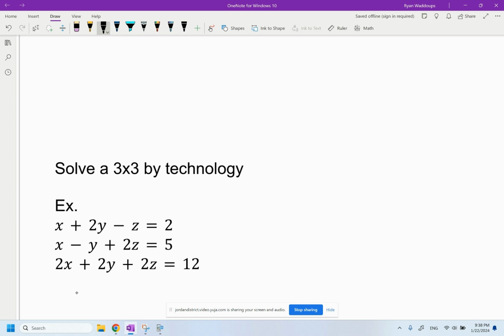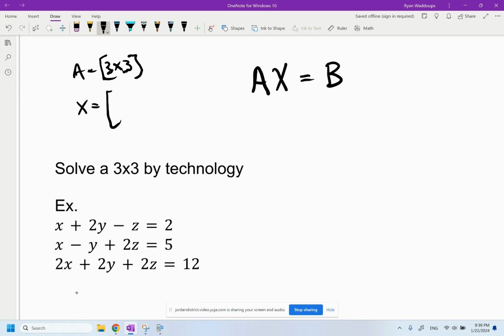We're going to use capital A times capital X equals capital B to represent different matrices. So in this case, A is a 3 by 3 matrix. And then X is just the matrix that represents the x, y, and z variables. And then B is a 3 by 1 matrix.